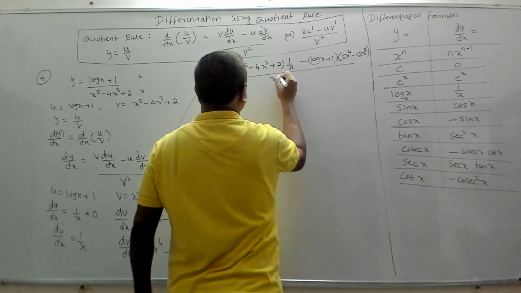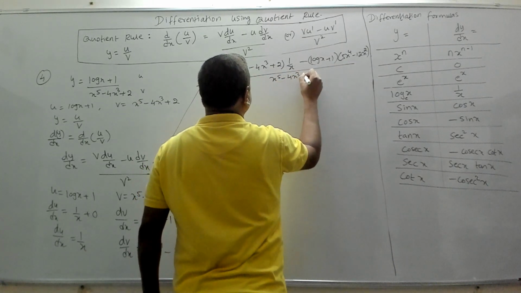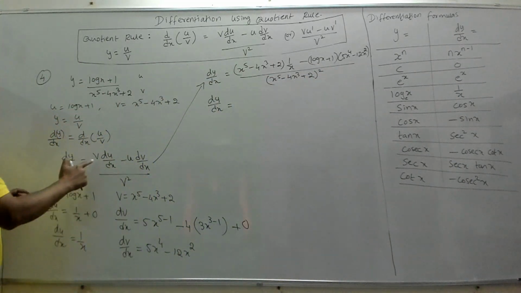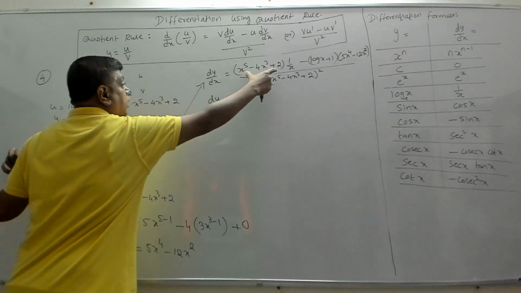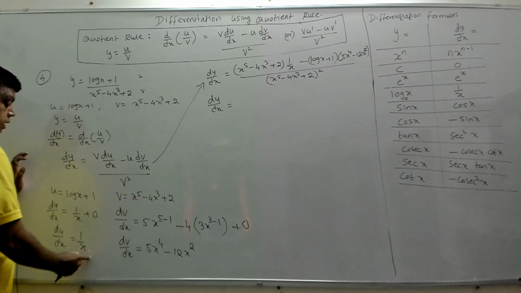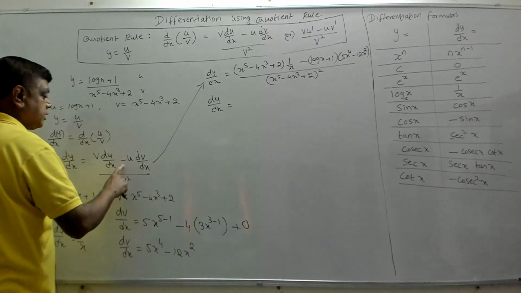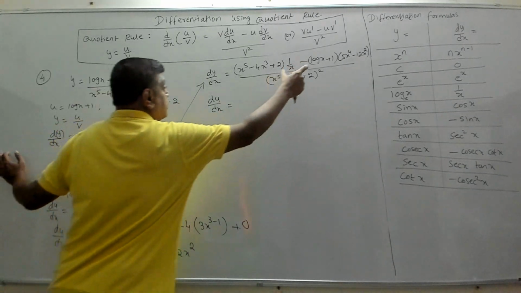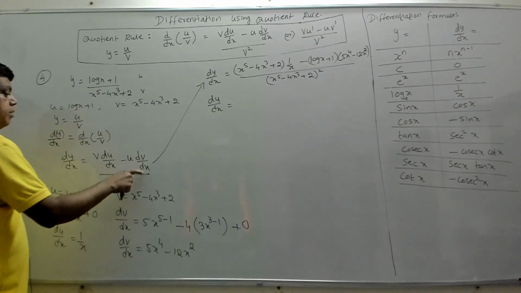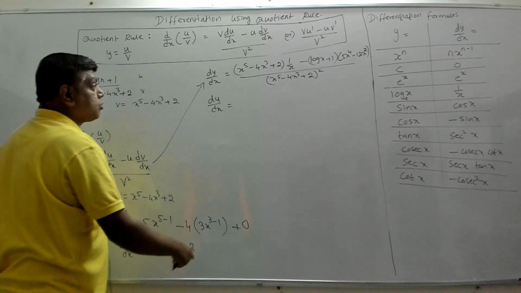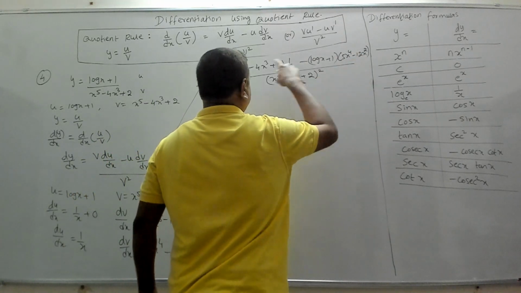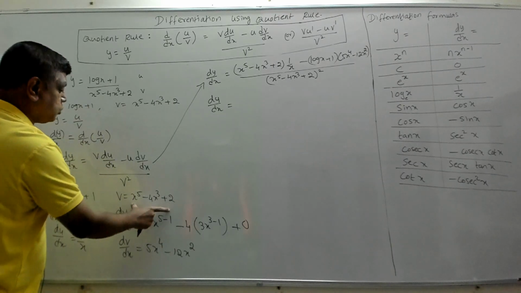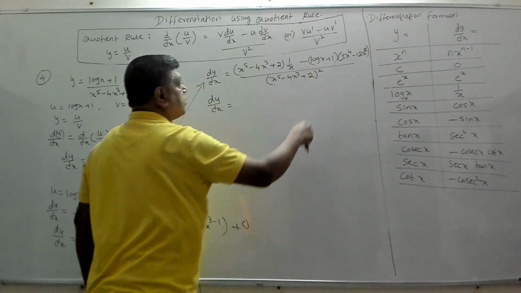X power 5 minus 4x cube plus 2, the whole square. So we have substituted all. V is this here, then du by dx 1 by x is here, then minus u, which is log x plus 1, which I have substituted here, into dv by dx, 5x power 4 minus 12x square, divided by v square.